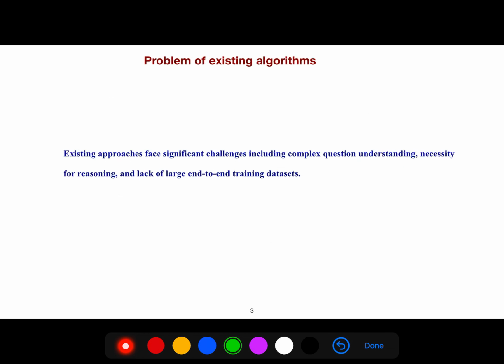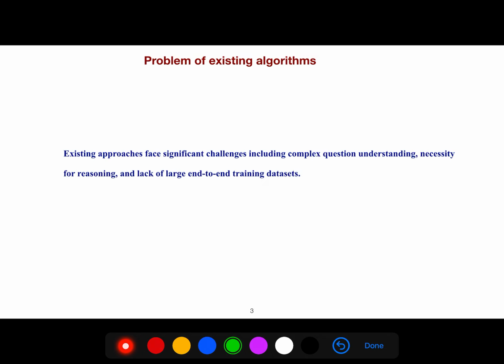And you see that the problem of existing algorithms is that existing approaches face significant challenges, including complex question understanding, necessity for reasoning, and lack of large end-to-end training datasets.